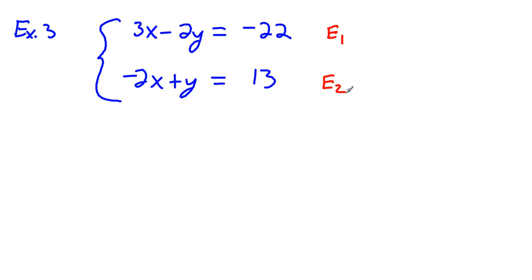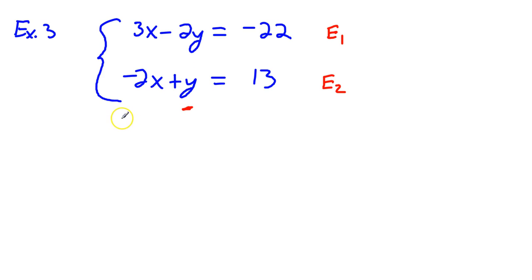So there's our two equations. If they're asking you to do substitution, you want to find the variable that's pretty much by itself. In that case, this would be the y, because this one you've got 3x, this one you've got 2y, this one you've got 2x. When you're doing substitution, you always want the one that's got a coefficient of 1, the understood 1y there. That's the one you want to get by itself.